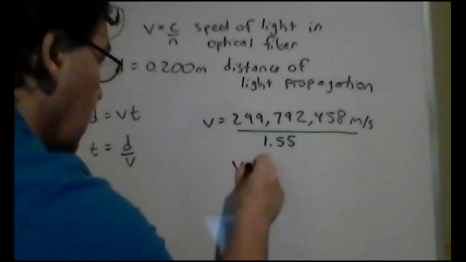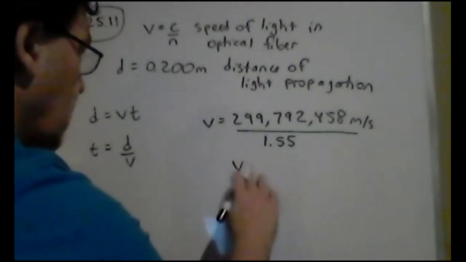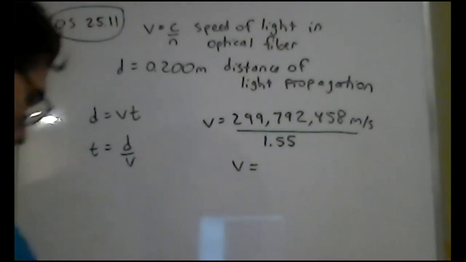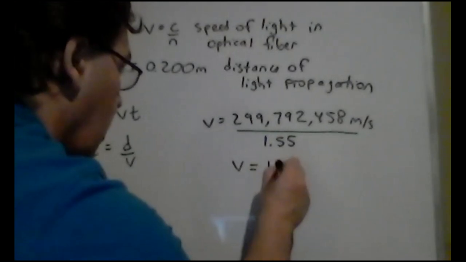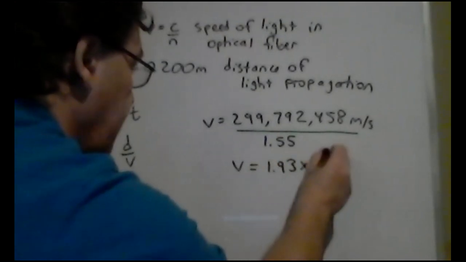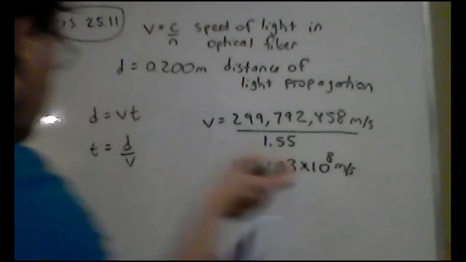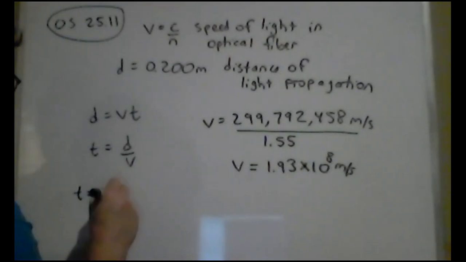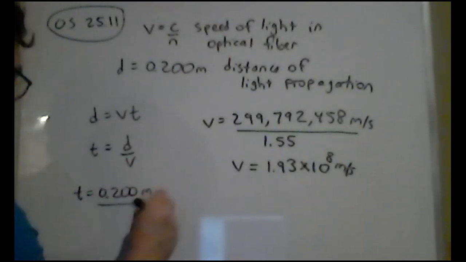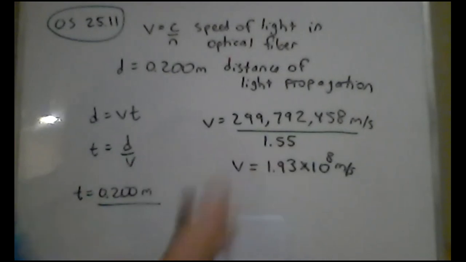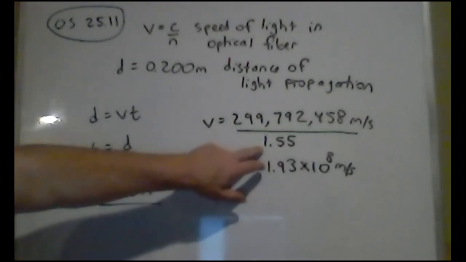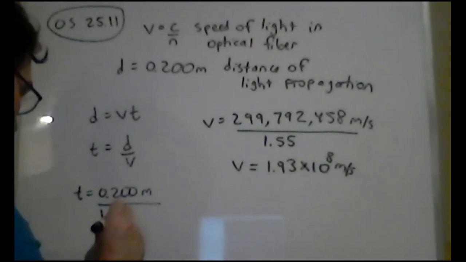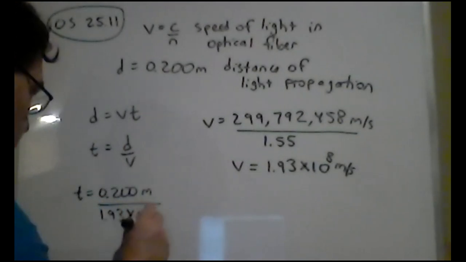So the speed of light in this optical fiber will be 1.93 times 10 to the 8th meters per second. So T will be 0.200 meters divided by 1.93 times 10 to the 8th meters per second. I'm only doing 3 decimal places because I only know the index of refraction to 3 digits.